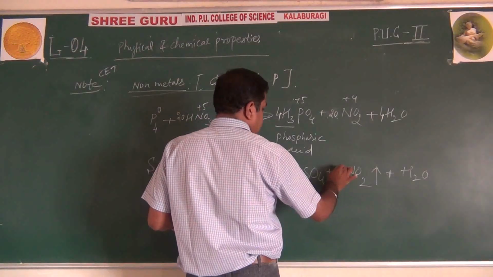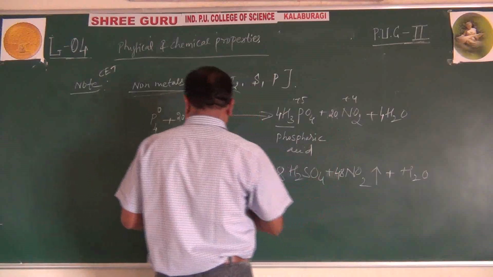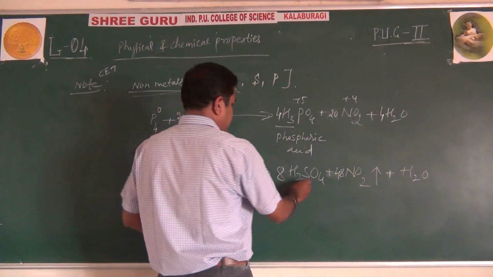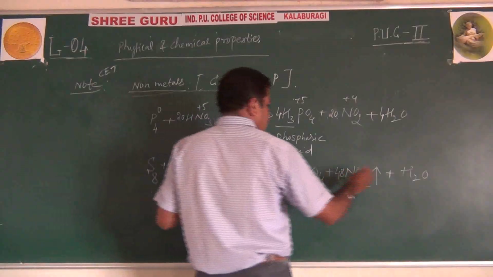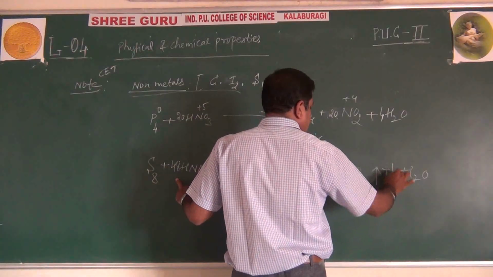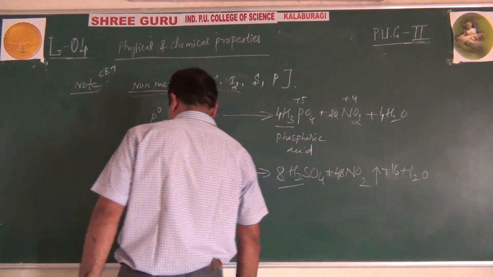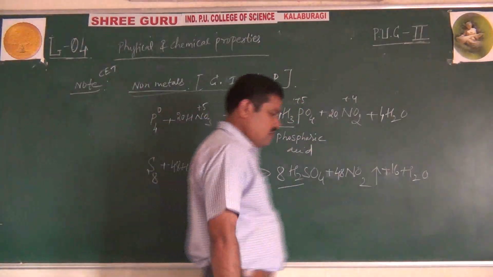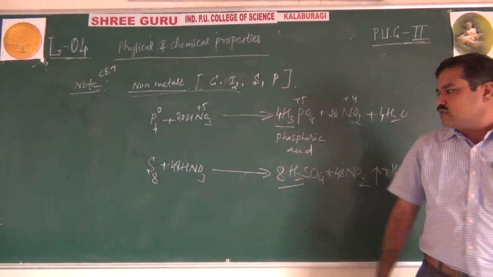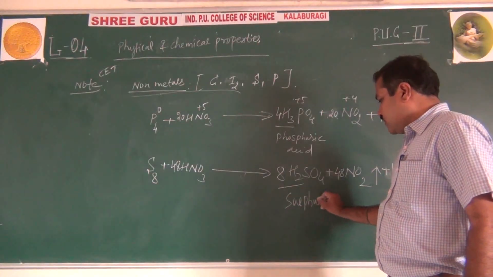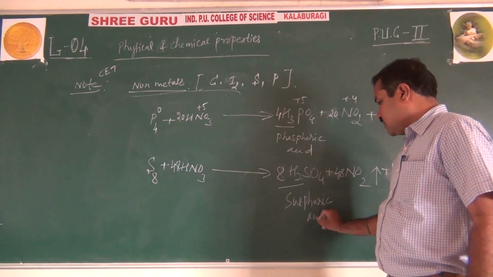To balance this, we need 48 NO2, 48 HNO3. So hydrogen 16 to make it 48, 16, 32 plus 16 will be 48. That is how to balance the equation. That's it. That means sulfur to sulfuric acid, phosphorus to phosphoric acid.